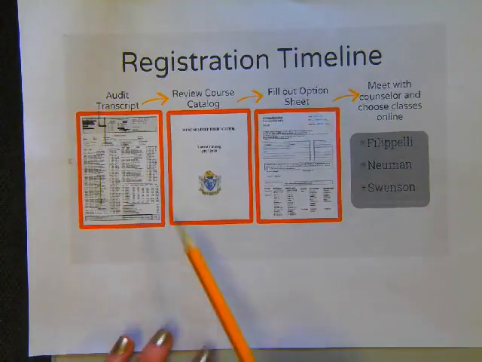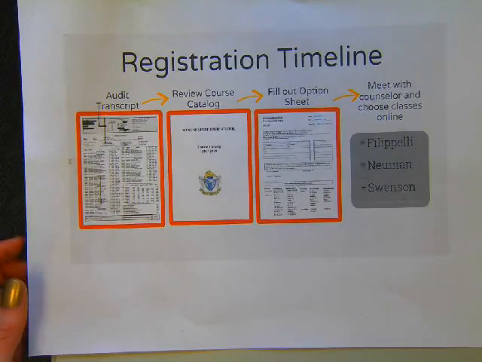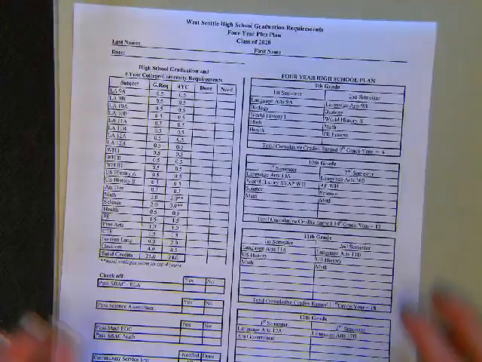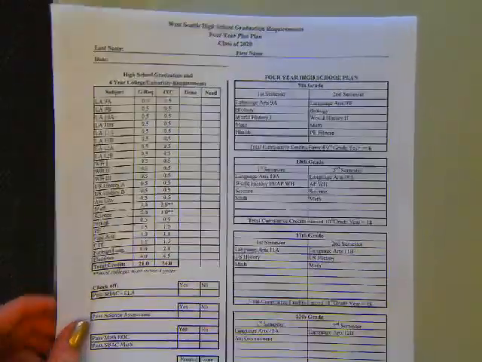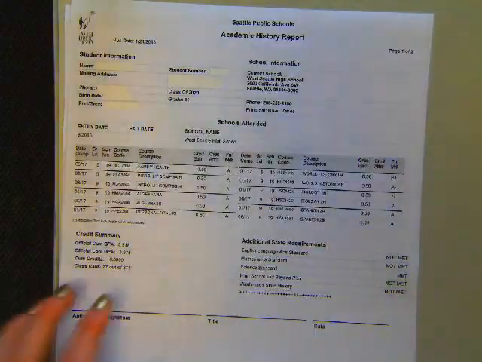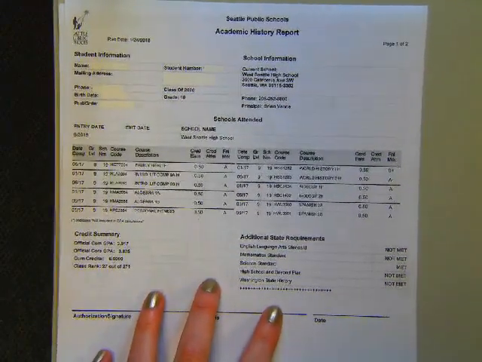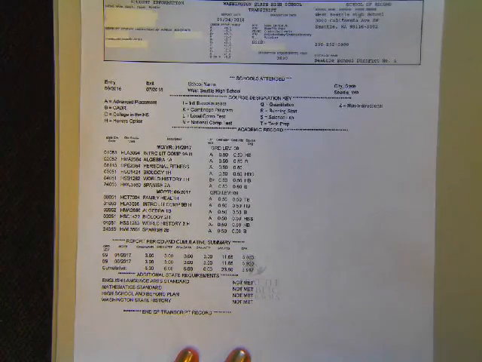So let's go ahead and take a look at your transcripts. You should all have a copy of your individual transcript and academic history, as well as a 4-year plan for the class of 2020. You all have an individual academic history report, as well as an official transcript.